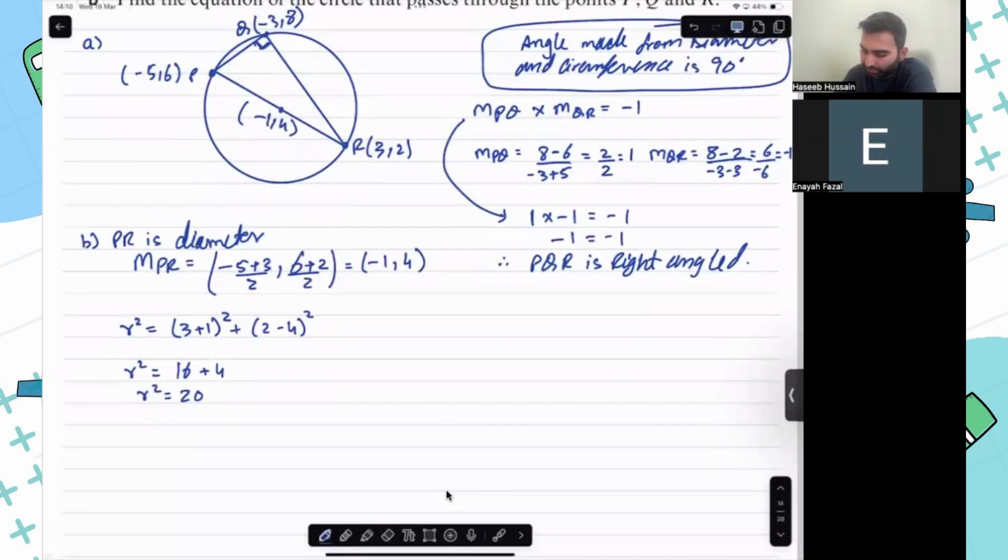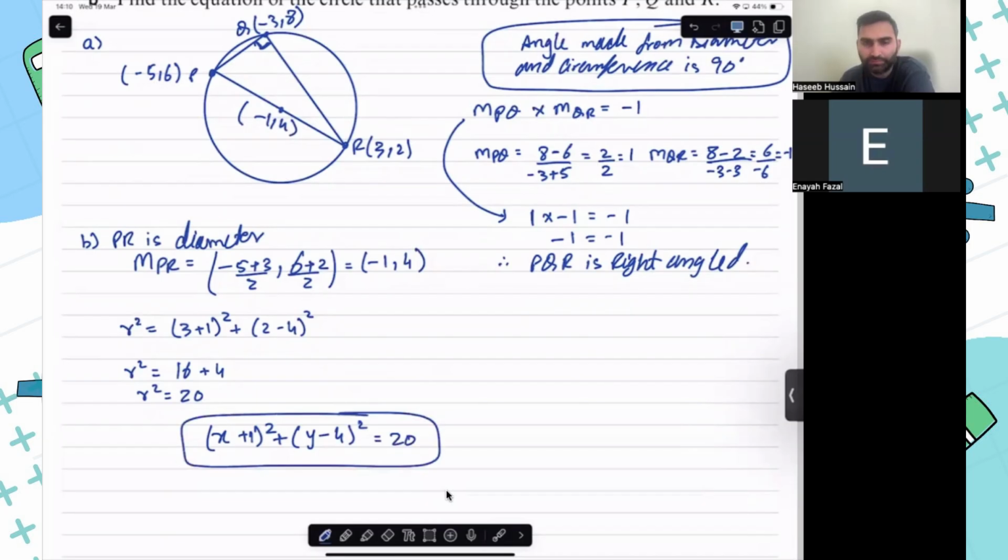So your equation of the circle becomes (x + 1)² + (y - 4)² = 20. Fine.